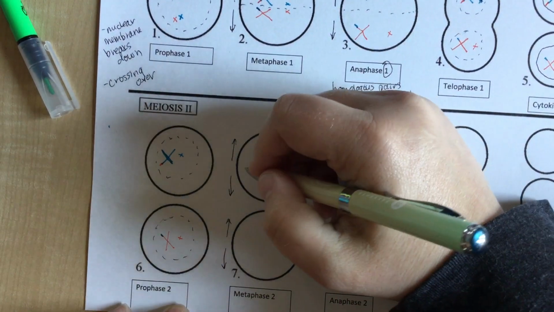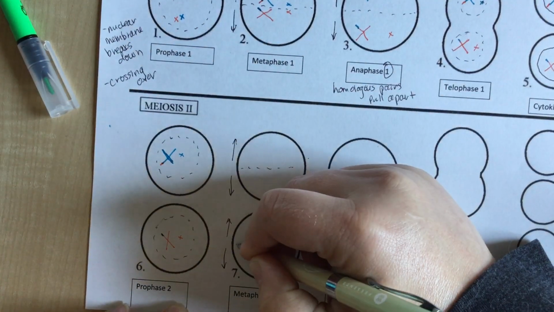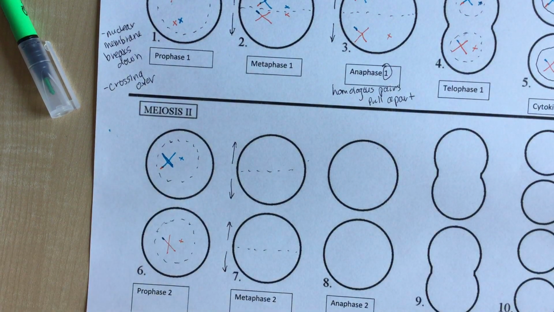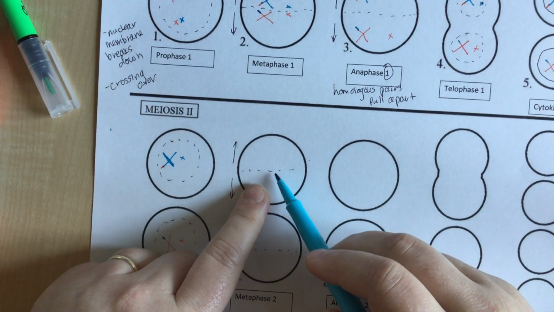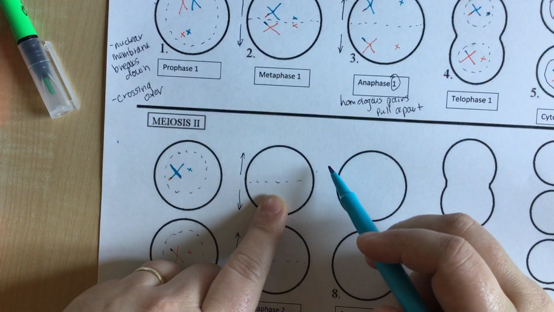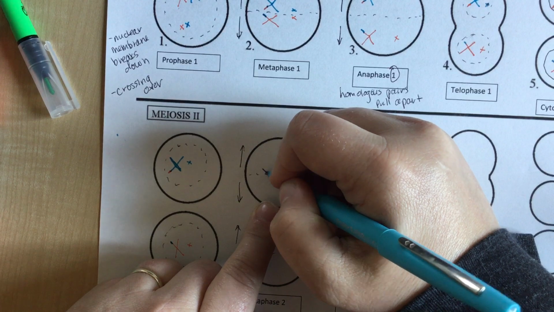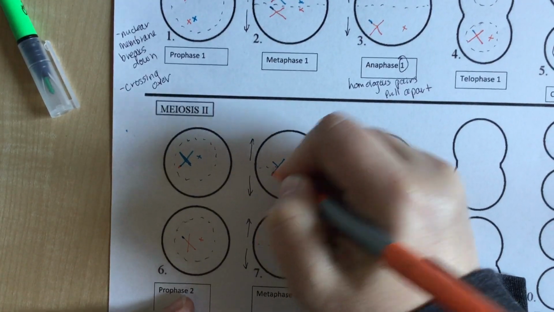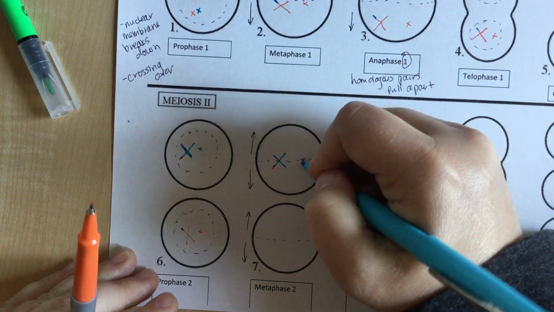All right, now we're in metaphase 2. Here's the middle of our cell. And so now each one is going to separate. So what's going to line up in the middle? Well, it's not homologous pairs like up here. It's just the regular chromosomes that are going to line up in the middle. So we have the big one with a little bit of orange, and then we have the little one, okay?